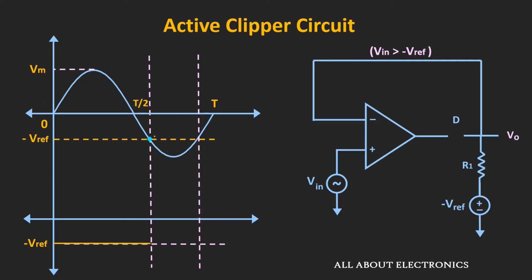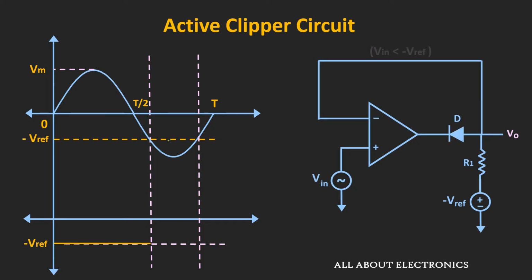Now after this point, the input voltage will be less than the minus V reference voltage. So during this time we can say that now the voltage at the V plus is less than V minus. And during this period, now the op-amp will go momentarily towards the negative saturation voltage. That means during this period, momentarily the voltage over here is equal to minus V sat.